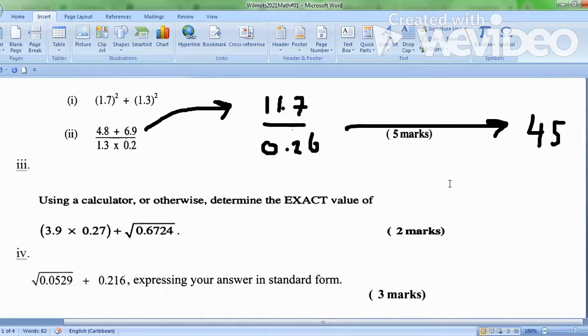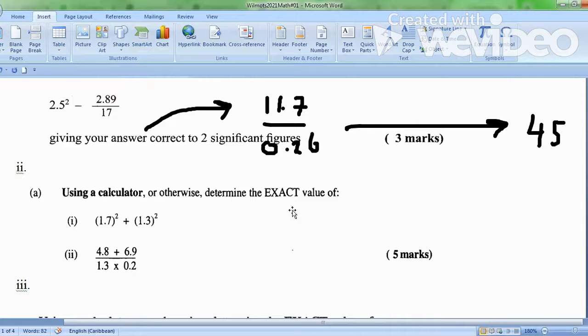Sir, if you don't use the calculator, how would you work out that part? No, we're not going to kill ourselves with that right now. Because if you notice, the instruction says what? Use a calculator. Use a calculator, that's true, right? And also, what you need to understand is that it says determine the exact value.